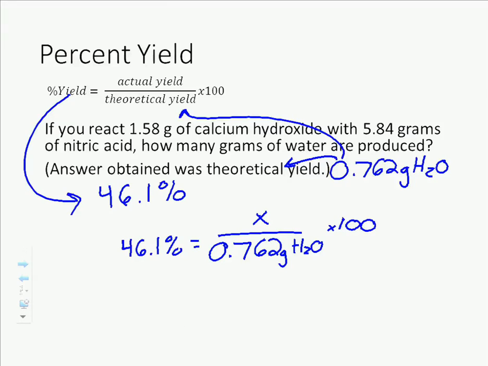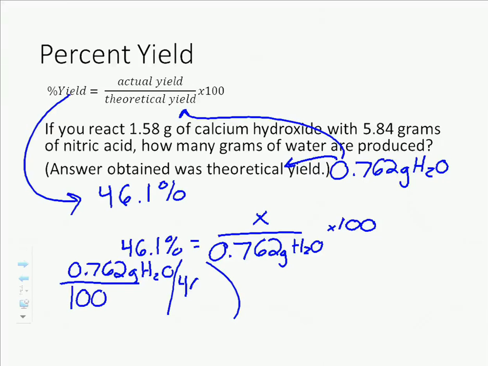So we move all of our math over. So we've got 100 on the bottom because it was on top over there, so it needs to be on the bottom over here. 0.762 grams of water times 46.1% equals X. So if we do that math, 0.762 times 46.1 divided by 100, then we end up with 0.351.